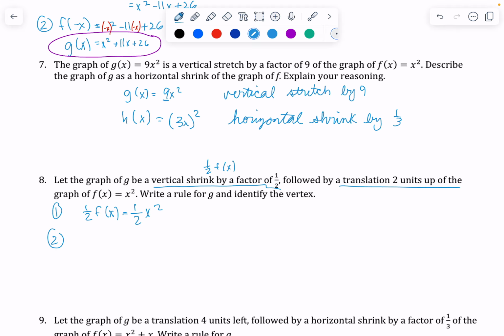Second step is a translation 2 units up, so that's f of x plus 2. So this one is too easy. So it's just that. Obviously we have to write it as g of x equals that, but you get the idea.